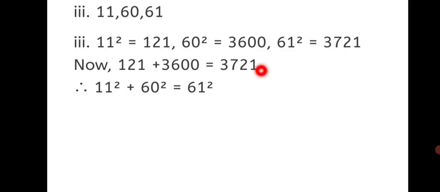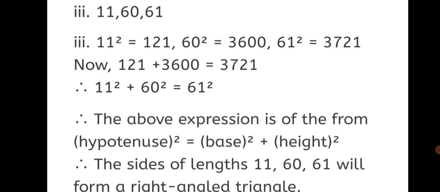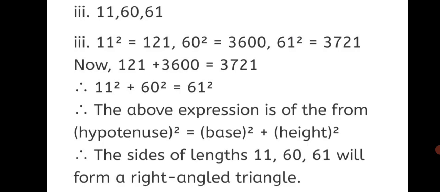So we can say that 11 square plus 60 square is equal to 61 square. Now a statement comes. The above expression is of the form hypotenuse square is equal to base square plus height square. Therefore, the sides of length 11, 60, 61 will form a right angle triangle.